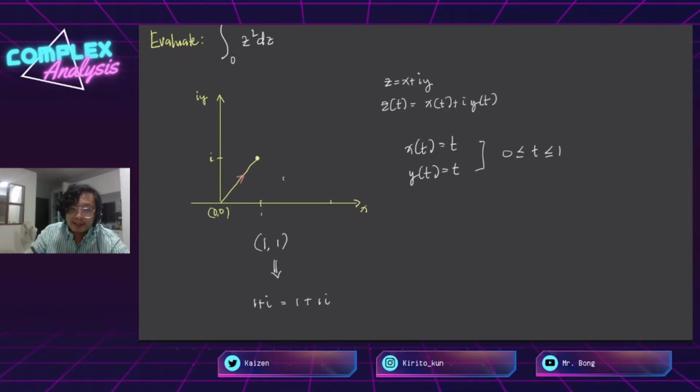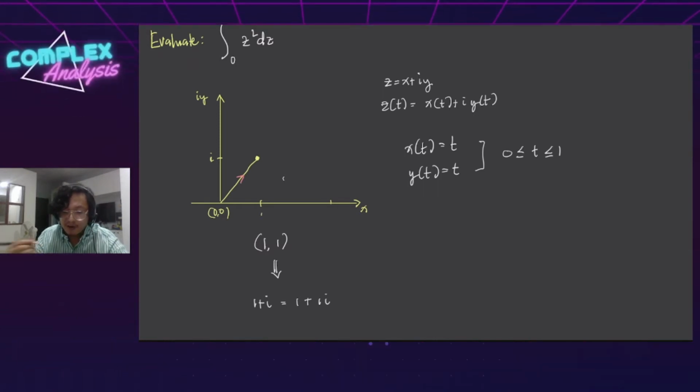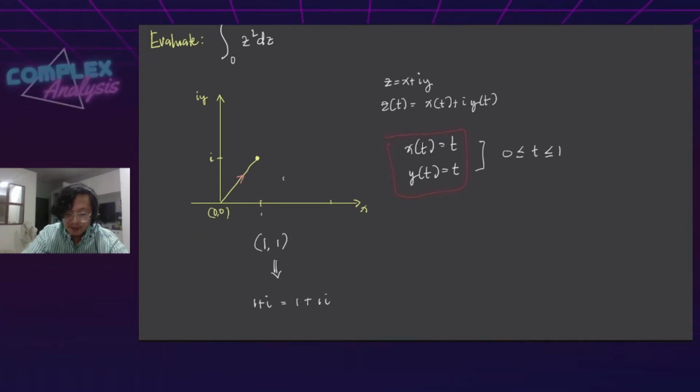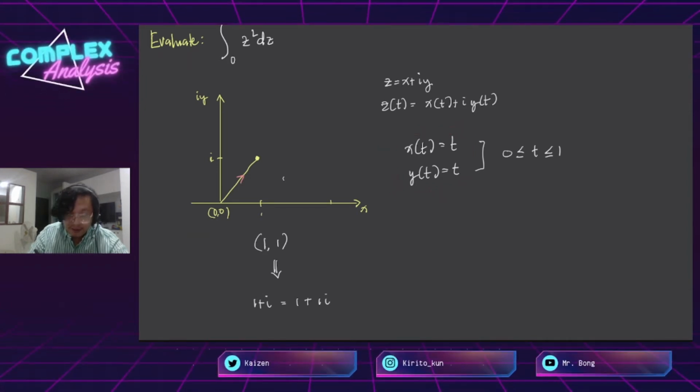We know that z = x + iy, or z(t) = x(t) + i y(t). If we substitute these values, we get z(t) = t + ti.